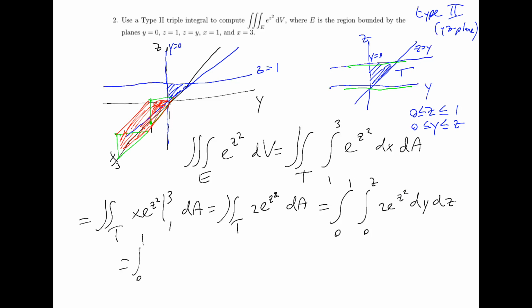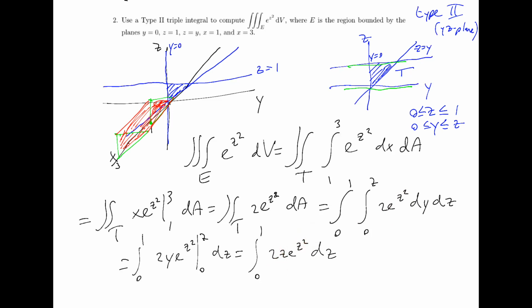Okay, so let's compute this integral. We integrate with respect to y, so this thing is a constant, so I just get that times y, so I get 2y e to the z squared between the boundaries z and 0, dz, which is the integral of 2z e to the z squared dz. Whereas before we had something that we could not integrate with respect to z, here we can, because we see that the derivative of z squared is 2z.